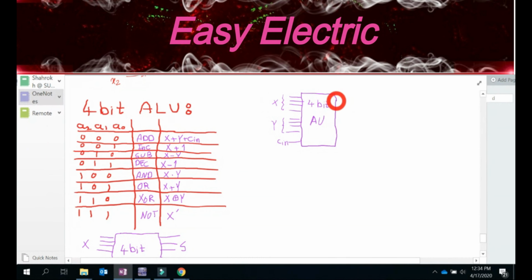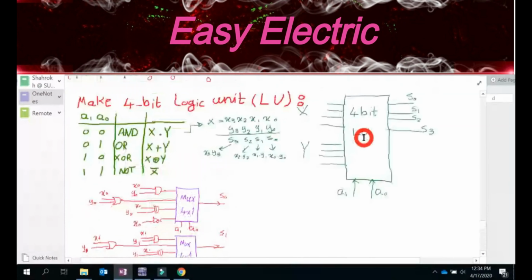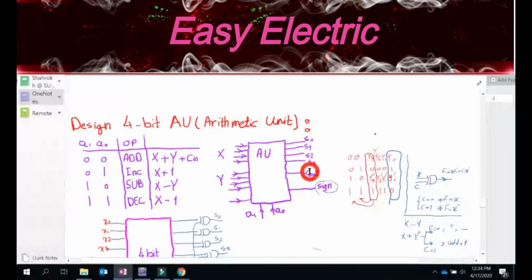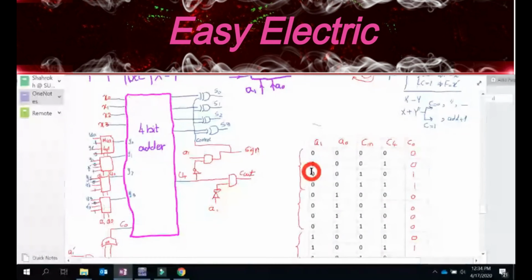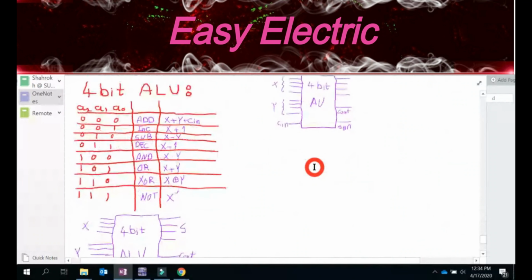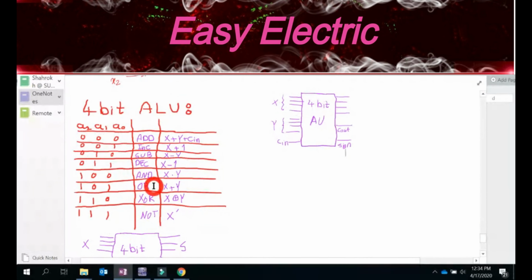Definitely you have 4 outputs, 1, 2, 3, 4, for S. You have 1 C out, and you have 1 sign. If you go back to what we did in the AU, you see that's exactly the same thing that we already designed. So this is the first tool that I have. I already designed the AU, so I know how I could design that. We already talked about that, we just consider it as a module.